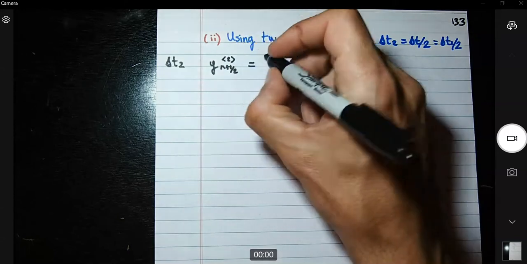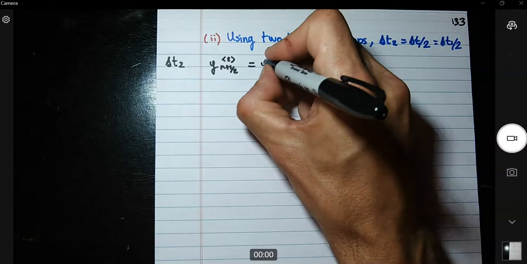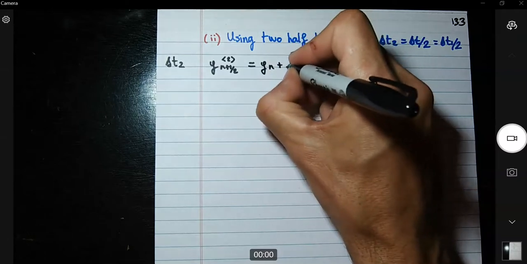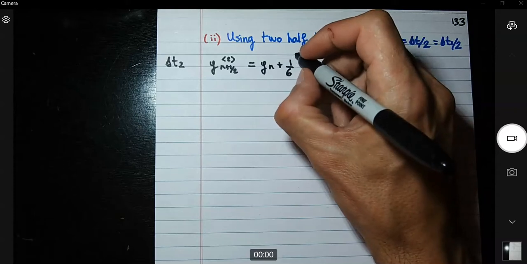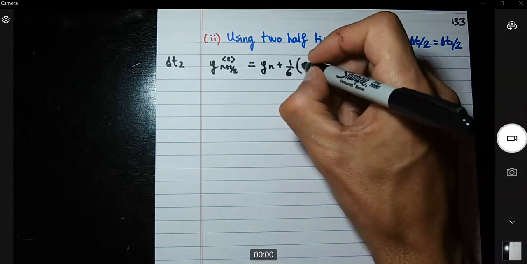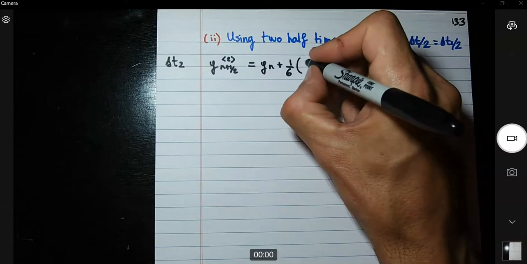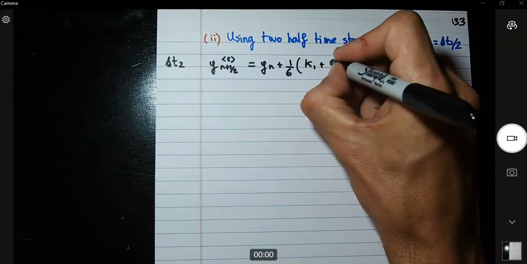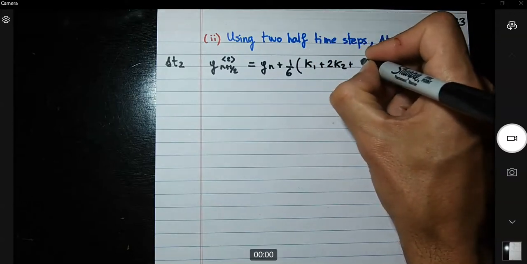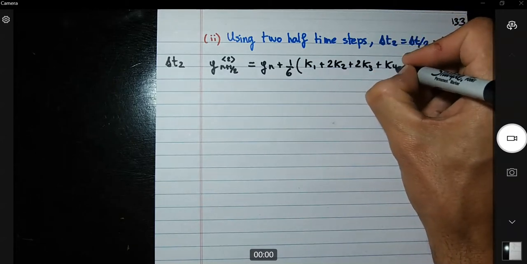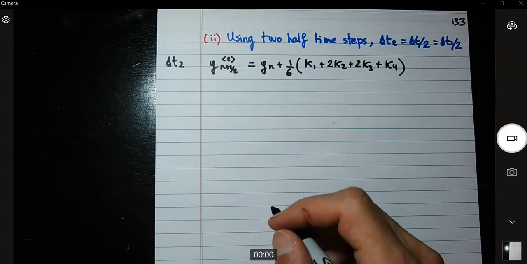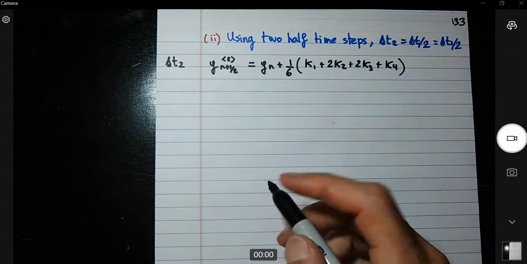This will be equal to what? y_n plus 1/6 of k1 plus 2k2 plus 2k3 plus k4, okay?